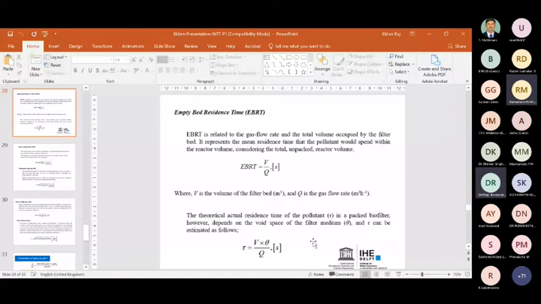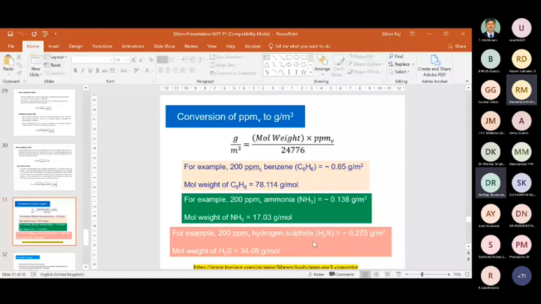Now you may ask me, when should I use ppm and when should I use gram per cubic meter? Please understand, ppmV is not gram per cubic meter. In gas phase systems or gas phase bioreactors, we always use gram per cubic meter. The conversion is the molecular weight of the compound multiplied by the ppm, divided by 24,776.